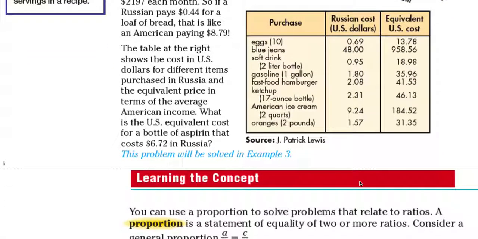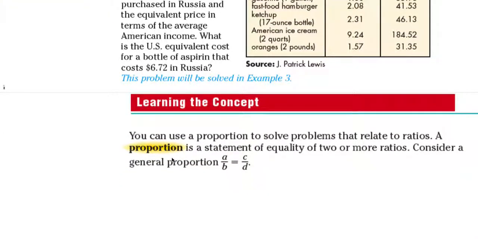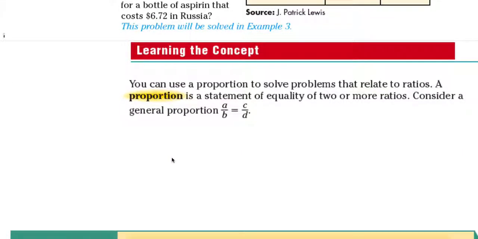We will solve this in example 3, because it's asking what the US equivalent cost is for a bottle of aspirin that costs $6.72 in Russia. Before we can solve that, we need to learn proportions. You can use a proportion to solve problems that relate to ratios.